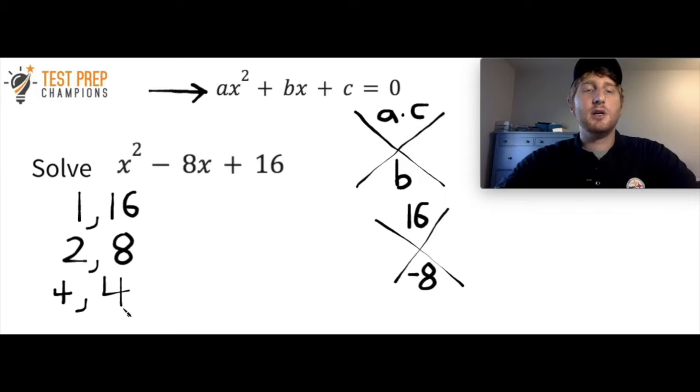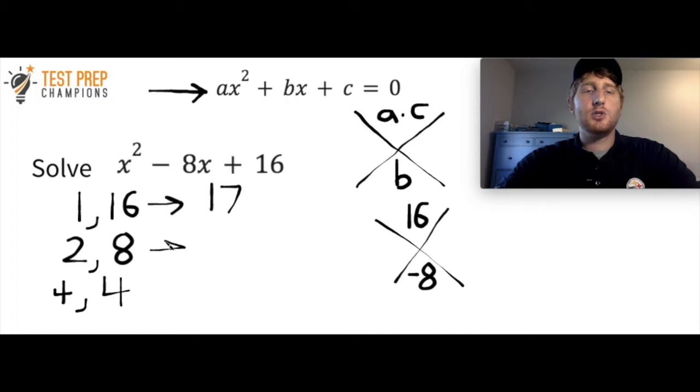What I've just done here is list out pairs of numbers that will multiply together to give us 16. Now I want to look at each pair and pick a pair where the numbers will add up to give me negative 8. Let's not worry about the signs yet. Let's just add these up. What is 1 plus 16? 17.